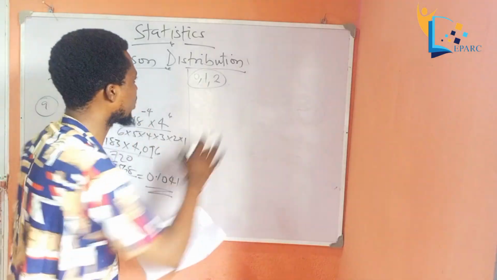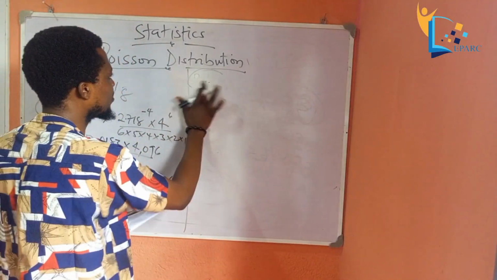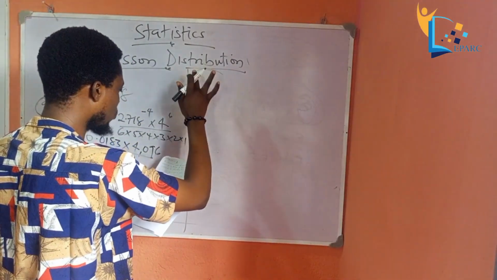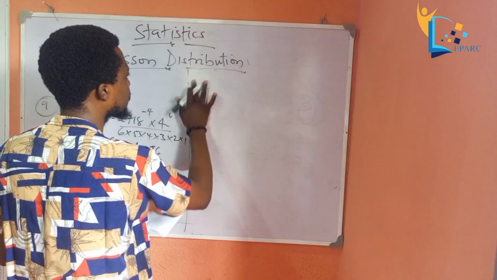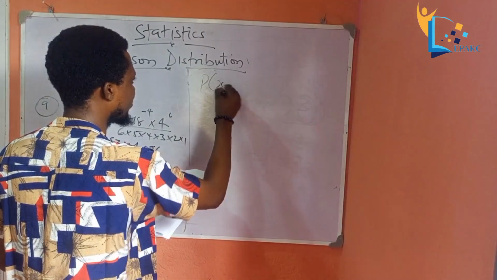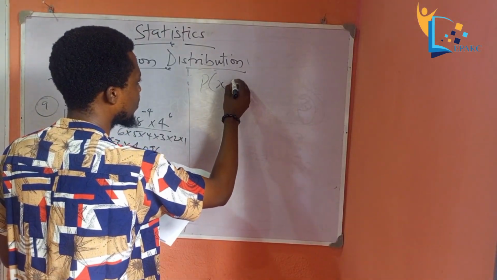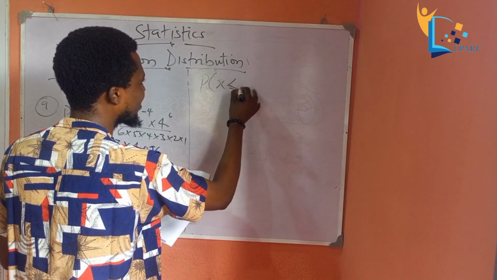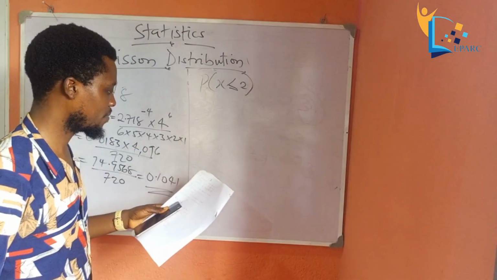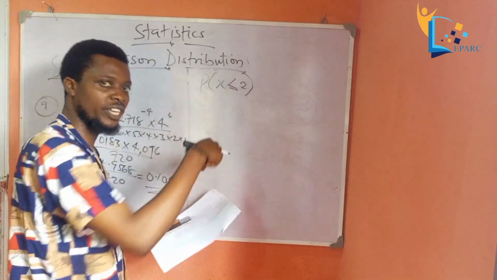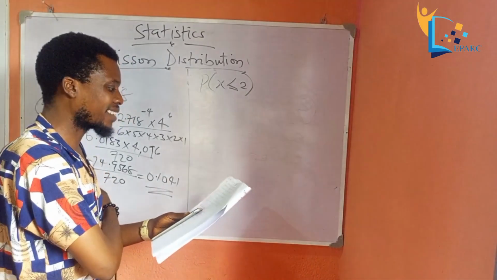Do you understand? So our question here says at most 2 calls. That is to say, P(X ≤ 2), because 2 is included.